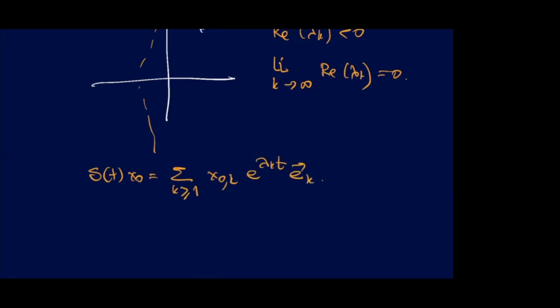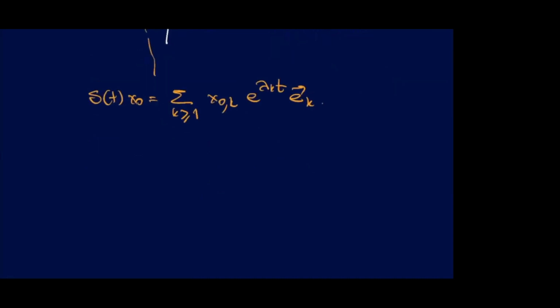Okay. So here, as we have seen, the norm of this semigroup as a semigroup from L2 into L2 is equal to 1.